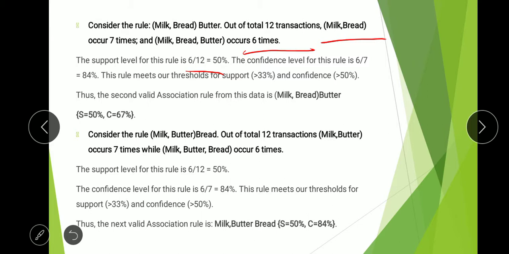And confidence level for this rule is 6 divided by 7. What is confidence level? Probability of y given x. What is y here? Milk, butter alone. How many times butter alone has occurred?